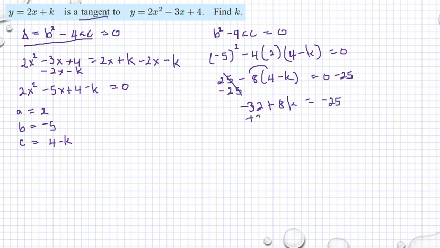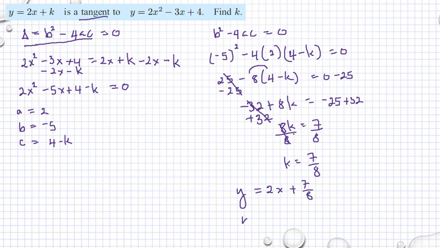If we add 32 to both sides, then 8k is equal to 7. Then if we divide both sides by 8, our k will be 7/8. So our function is y is equal to 2x plus 7/8, or y is equal to 16x plus 7.